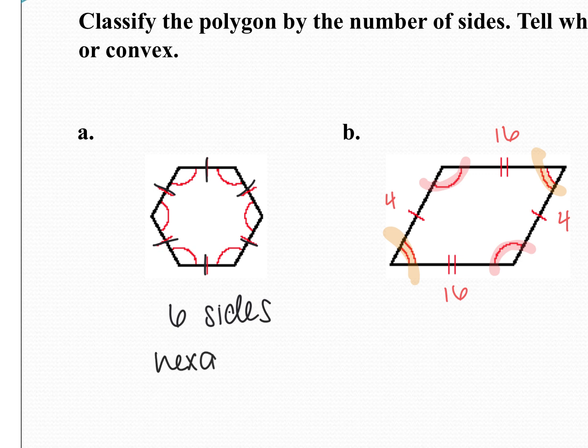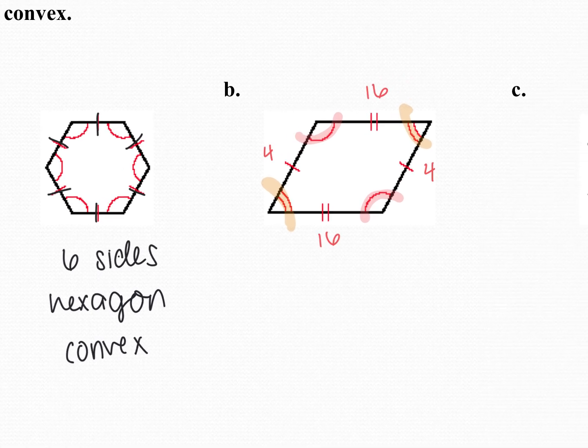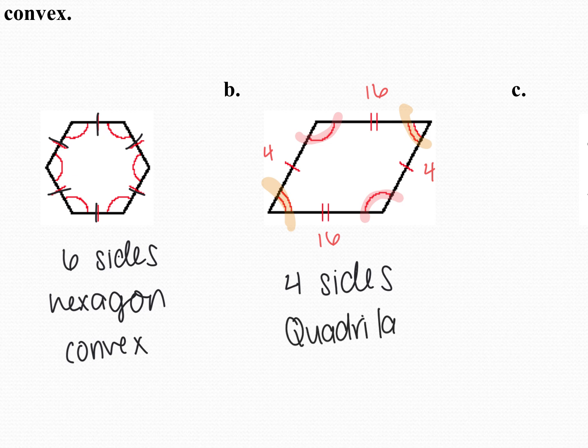Good. Hexagon. And then is it concave or convex? Good. All right, looking at B, how many sides are there? Good, 4 sides. What is this shape called? Good, quadrilateral. And then concave or convex?